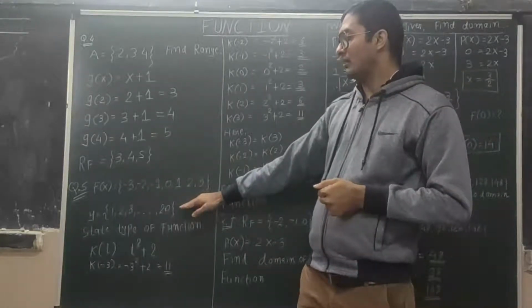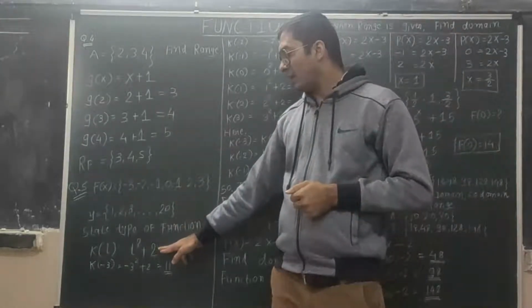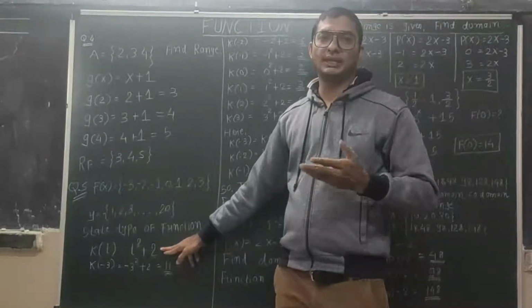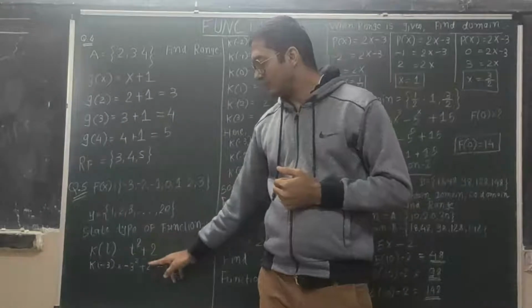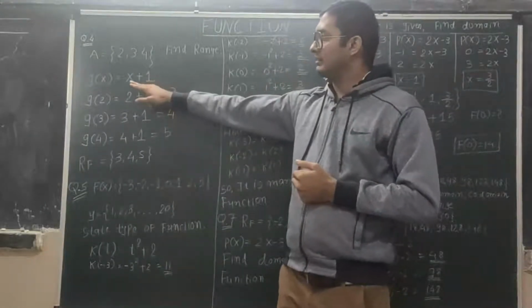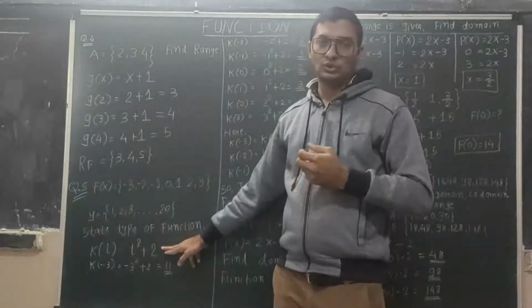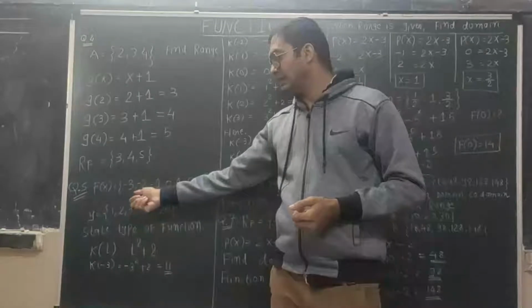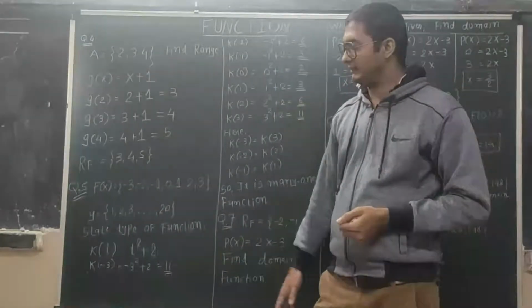Codomain values are 1 to 20, and k of t is t square plus 2. Here it is the function equation. Here there is a value x, and here there is a t. So in this function equation put the values of the domain and get the answers accordingly.